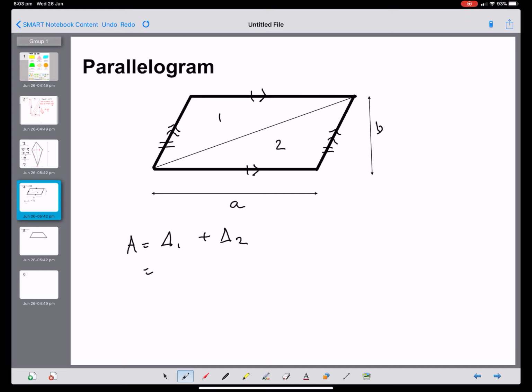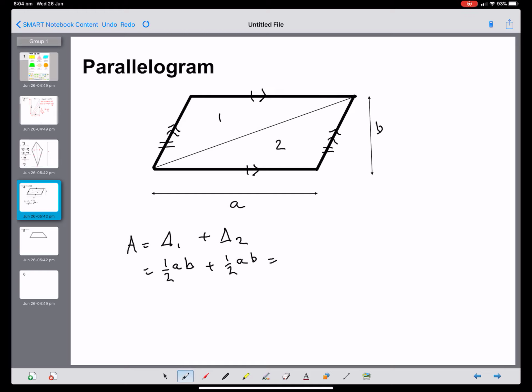Well, triangle 1 is half the base, which is A, multiplied by the height, which is B. Triangle 2 is going to be half the base, which is A, multiplied by the height, which is B. Okay, this height here is B. So let's add them together then.